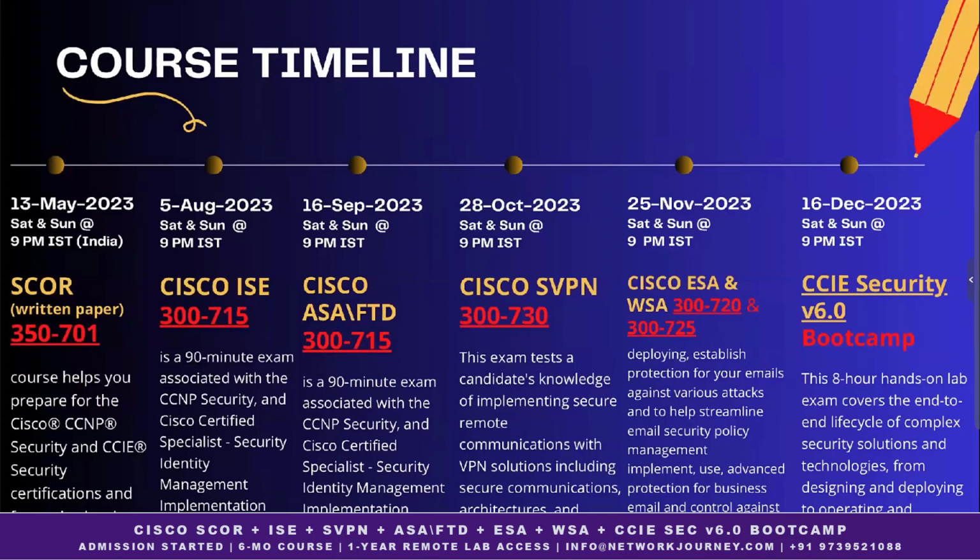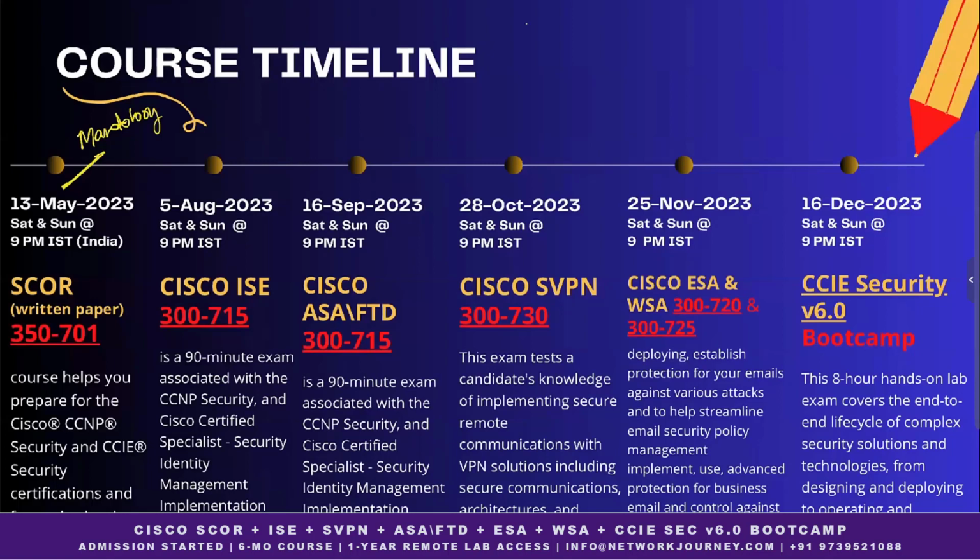If you see my screen, from the 13th of May, which is basically today, we are starting with the core paper. This is the mandatory paper. Now let me tell you the old pattern of Cisco certification.